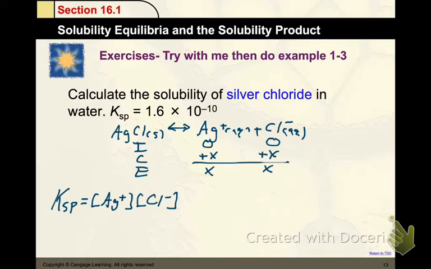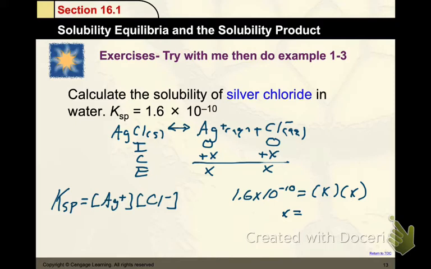or we've got 1.6 times 10 to the minus 10 equal to x times x, or x squared. So that makes that pretty simple to solve. You get x is the square root of 1.6 times 10 to the minus 10.